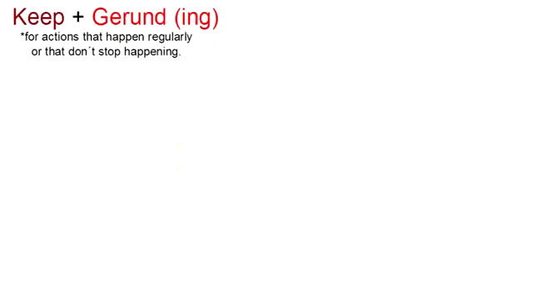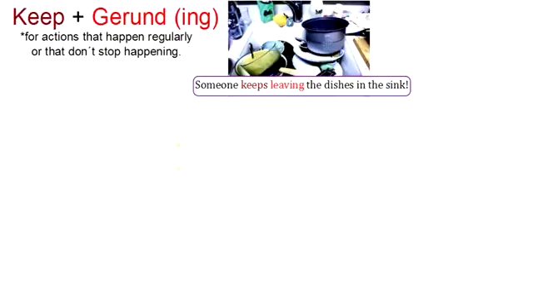Good. Alright, so let's just review what we saw today in this video. We saw keep and the gerund, which is ing, for actions that happen regularly or that don't stop happening. So, for example, the dishes in the sink. Jessica said, someone keeps leaving dishes in the sink, right? Keeps leaving dishes in the sink.